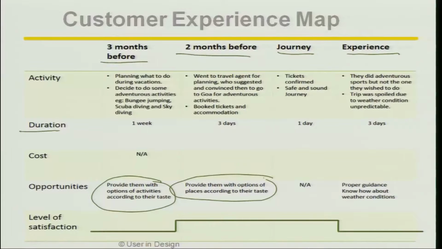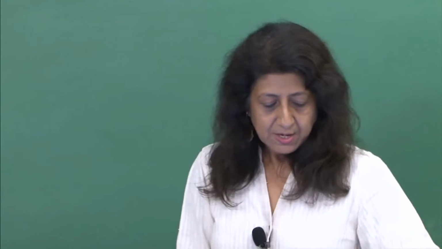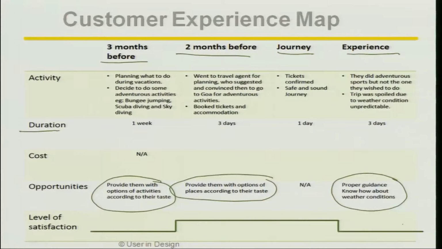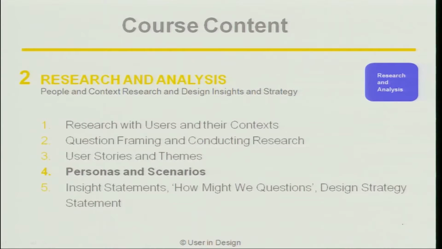Provide them with options of places according to their taste. Proper guidance, how about weather conditions? Weather conditions is something that the team did not realize how important that information was for users, right? And then plotting the user's level of satisfaction, okay?